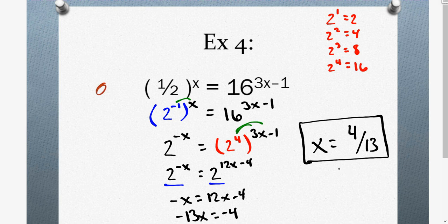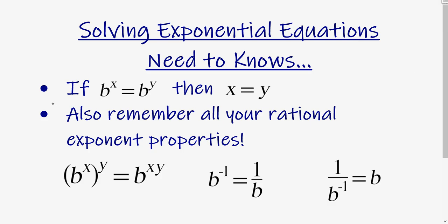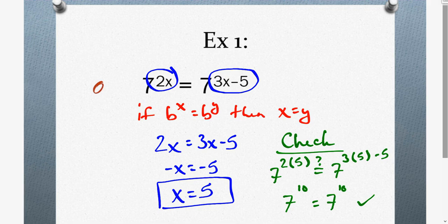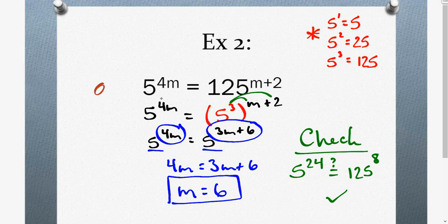So you can always check these using a calculator, but the primary solving method that we're using is trying to make the bases the same. Because if the bases are the same, then we can set the exponents equal to each other. In the simplest case, the bases are already the same and I don't need to manipulate them. I could end up in a situation where the bases are not the same, but I can rewrite the larger base as a power of the smaller base.